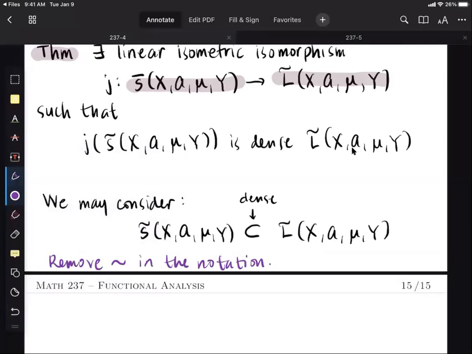As we said, we treat the equivalence class with a given representative, again having the convention that two functions are equal if and only if they are equal almost everywhere.